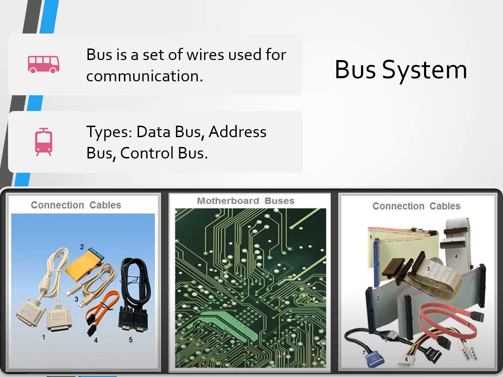Okay, let's look at the bus system. Bus is a set of wires used for communication. In simple terms, these are link wires, like the internet link, that is a bus, right? The physical cable between your internet device and your laptop. What is an internet device called? It's a modem, right? So a wire that connects the modem and the laptop or your PC, that is a bus.